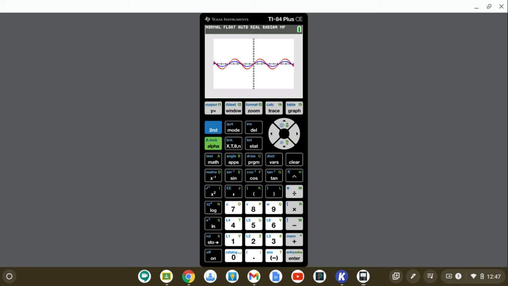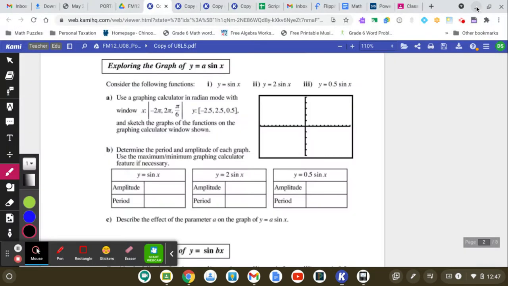Amplitude. So in your book, that little number in the very front of it, if I put a 2 in front of the sine x like that, that's the amplitude. You with me? The little number in the very front of sine x determines the amplitude of your function.